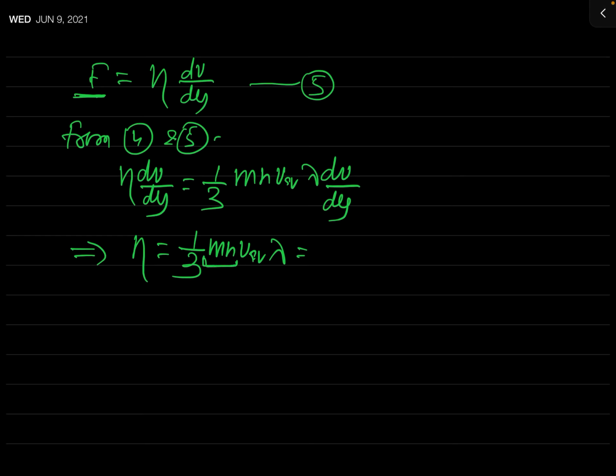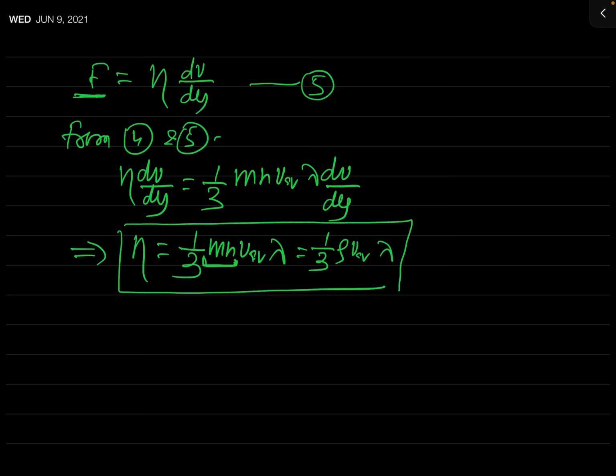And you know, mass of unit volume is called density. So this product m into n will be simply the density of the gas. So you can write this as 1 by 3 rho V average into lambda, where this rho is m into n, which is equal to the density of the gas.